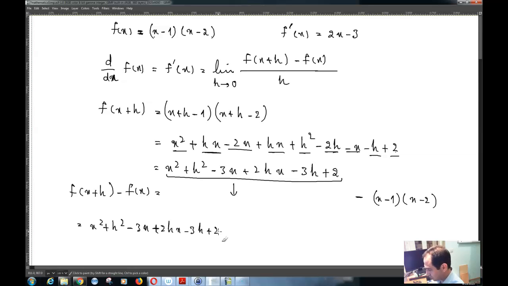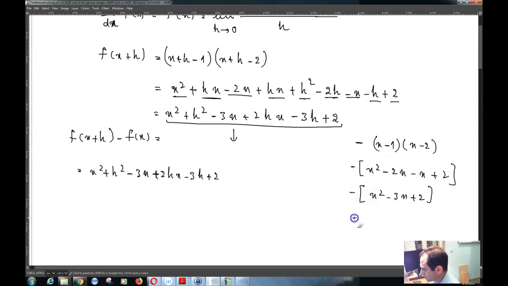And over here what you have is negative of x squared minus 2x minus x plus 2, which is equal to negative of x squared minus 3x plus 2, which is equal to negative x squared plus 3x minus 2.